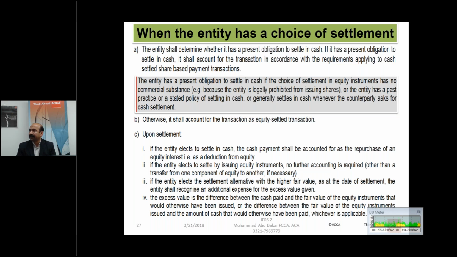If the entity elects the settlement alternative with the higher fair value as at the date of settlement, the entity shall recognize an additional expense for the excess value given. The excess value is the difference. See, at the date of settlement, if you are settling it for a value higher than the amount which you have recognized, so that excess will be transferred to the profit and loss account.